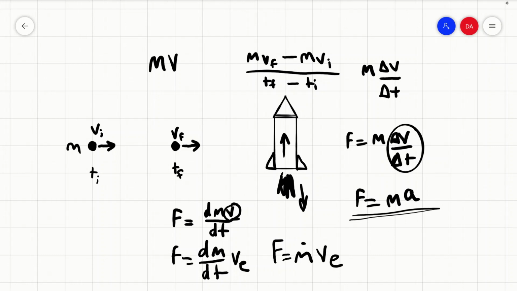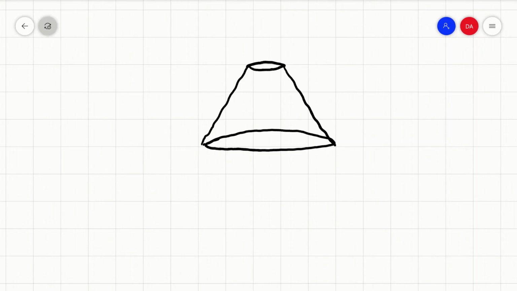But there's an additional effect on the thrust that we need to account for when the pressure of the gases inside the nozzle is not the same as the pressure outside the nozzle. So here we have a nozzle, and inside we have a pressure of the exhaust, P_E, and outside we have a pressure of the atmosphere, P_0. The difference between these two pressures creates a net pressure on the rocket that acts on this area, the exit area of the nozzle.